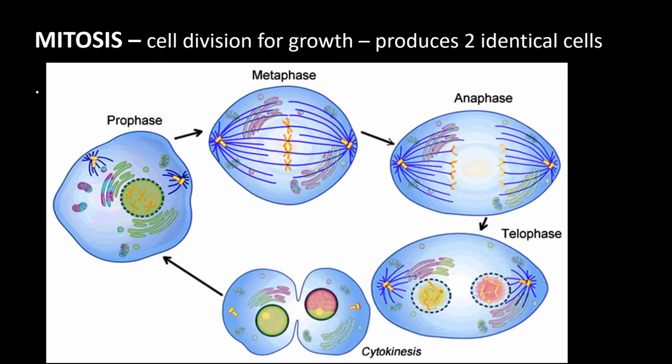Let's revise mitosis. Not because you have to learn it for this section, but because you need to understand it in order to be able to understand what's happening in meiosis. So, first of all, mitosis, producing 2 identical cells, and it passes through different phases. The cell, before it starts dividing, we say is in interphase.